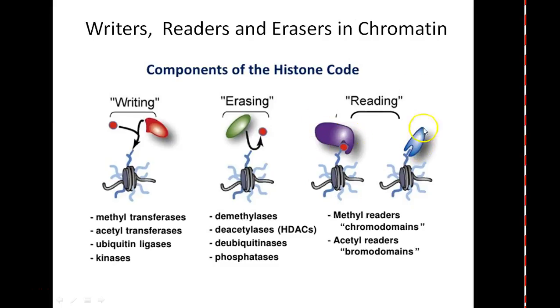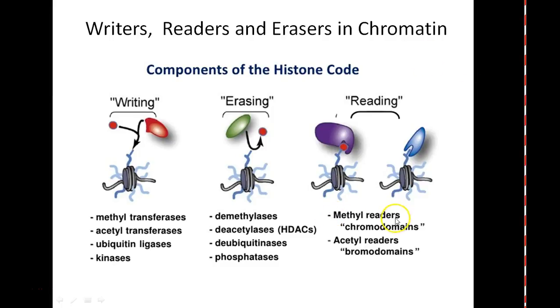So we have those complexes that recognize specific combinations of modifications, and they can be recruited to this particular place, and they can read the message, and they can then trigger some downstream events that can change specific processes within the cell.